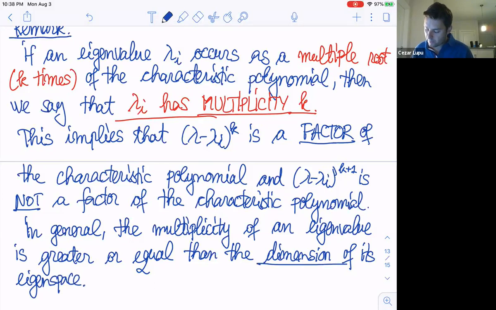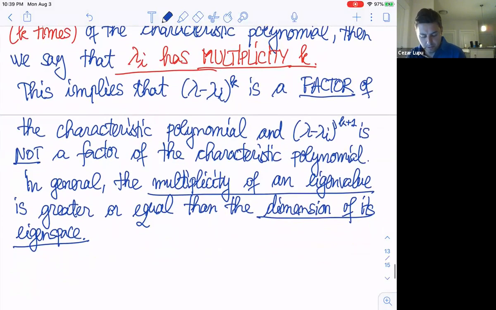This is important. Anyway, there are two types of multiplicity, the algebraic multiplicity and the geometric multiplicity. I'm not going to go into that. So far, what you need to know is that there exists this multiplicity. An eigenvalue can have multiplicity 1, 2, 3, and so on, depending on what is the degree of its characteristic polynomial.